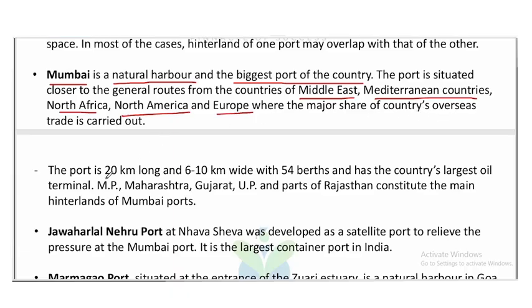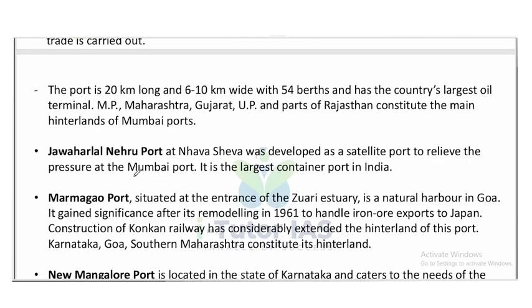The port is 20 km long and 6 to 10 km wide, has 54 berths, and has the country's largest oil terminal. Madhya Pradesh, Maharashtra, Gujarat, UP and parts of Rajasthan constitute the main hinterlands of Mumbai port.